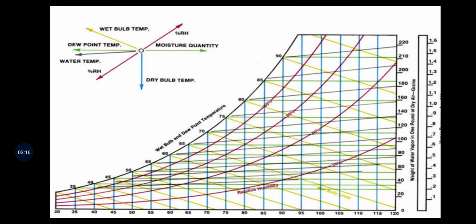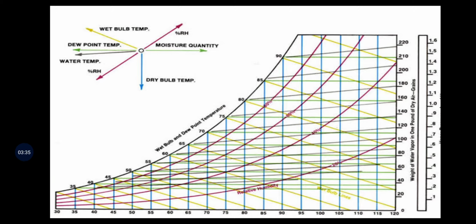After that, we are going to see the dew point temperature, which is shown by the green line. The horizontal green line starts from the saturation curve and goes towards the weight of water vapor in 1 pound of dry air.